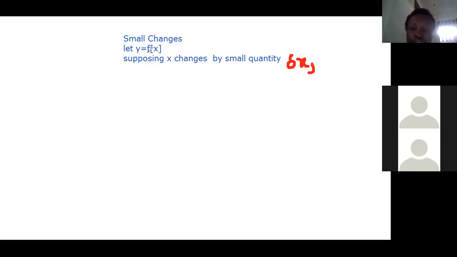When you have y equal to f of x and there's a small change in x, it's going to affect y, right? So there's going to be a change in y, which will also be denoted by dy.